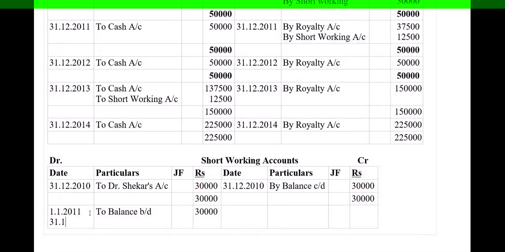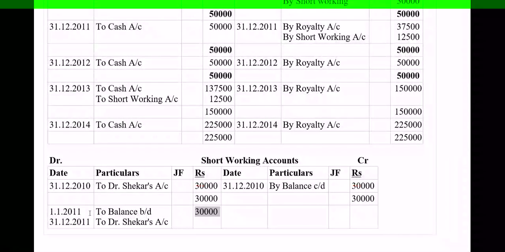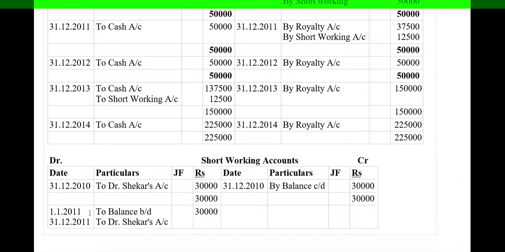So on 31st 12 2011, again when there is a short working here, so to Dr. Shekhar's account, Dr. Shekhar's account. So again the amount here, in the second year there is 12,500 as a short working.